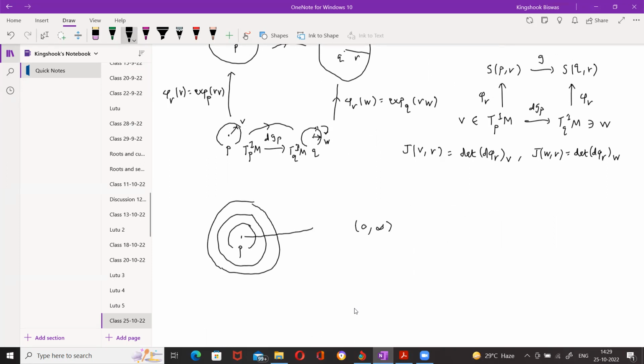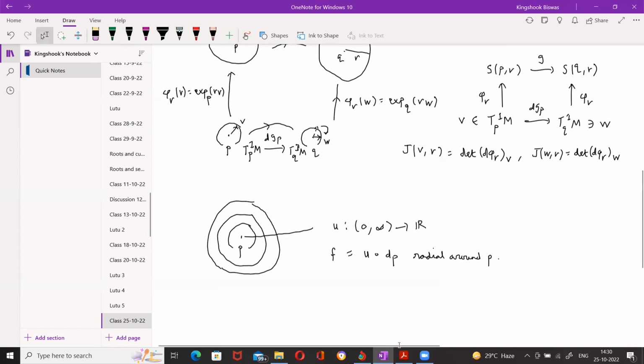So if this function is, say, u from (0, infinity) to R, then the radial function f is going to be of the form u composed with the distance function from P. This will be the form of any function which is radial around P.